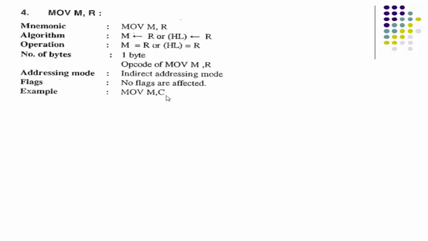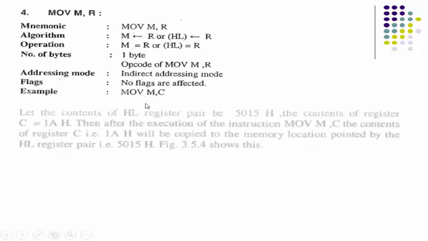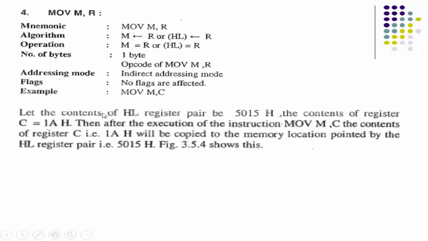Take one example, MOV M, C. In this instruction, the 8-bit data available in the C register gets copied into the memory pointed to by HL, or memory pointer M. Suppose the HL register pair holds 5015 hex, that is, H has 50 and L has 15 hex, and the C register has 1A hex.